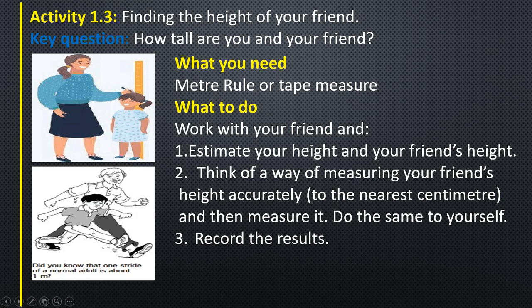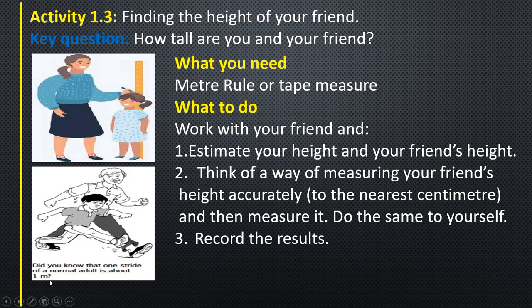This picture here I have put here is something which was used, or is even still being used, in measuring land, whereby you just make a stride, a step. Did you know that one stride of a normal adult is about 1 meter?